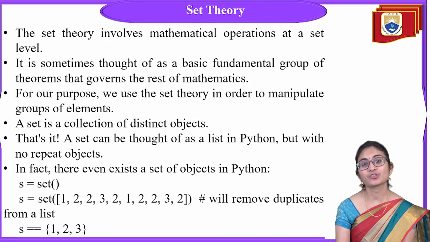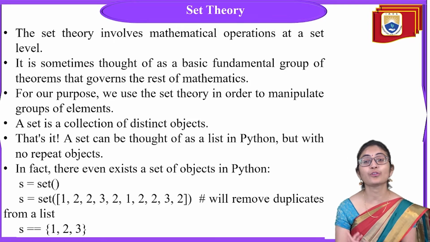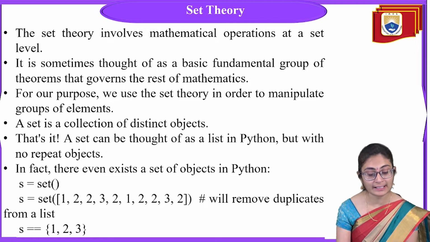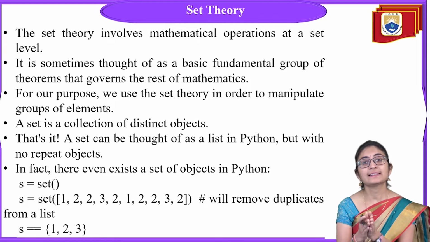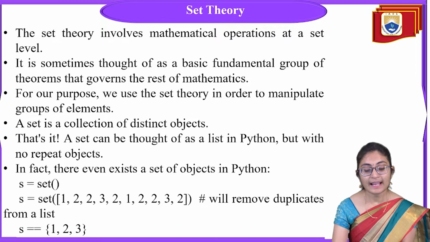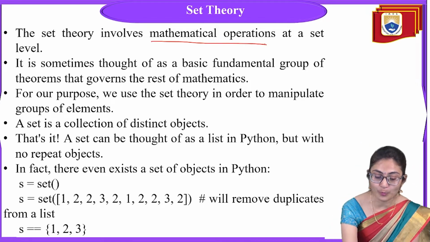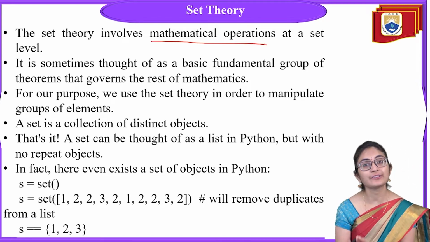A set is a collection of non-duplicate elements. A set cannot contain duplicate elements. That means set is totally related to mathematics, and set theory involves mathematical operations at the set level.